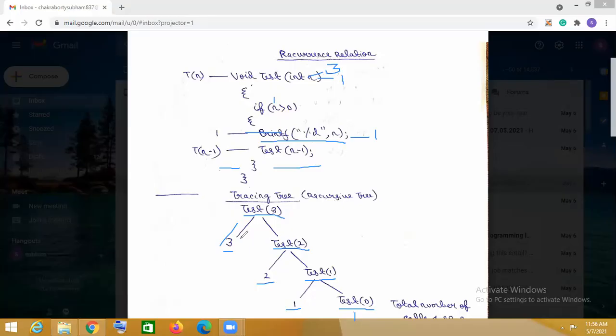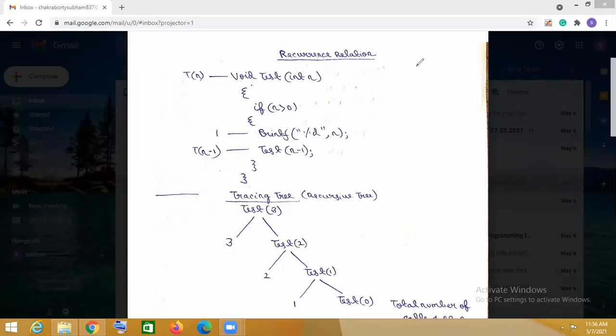Now the same function can be converted into the recurrence relation method and solved. So how can it be solved using the recurrence relation method? The result we get using the tracing tree or recursive tree, our time function is in the order of n. Same as that, using the recurrence relation also, we will get our function as order of n.